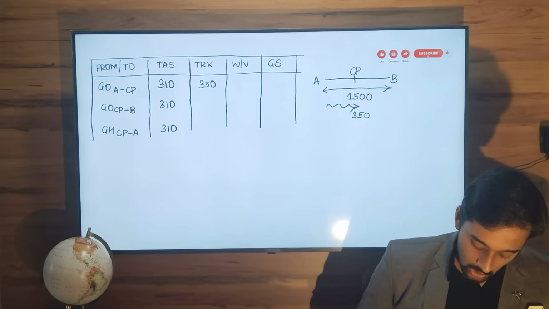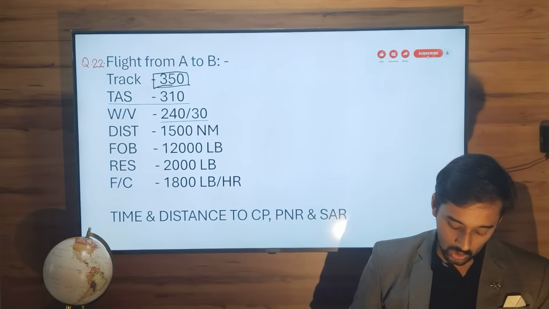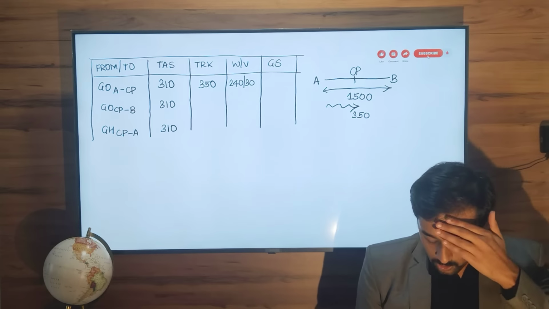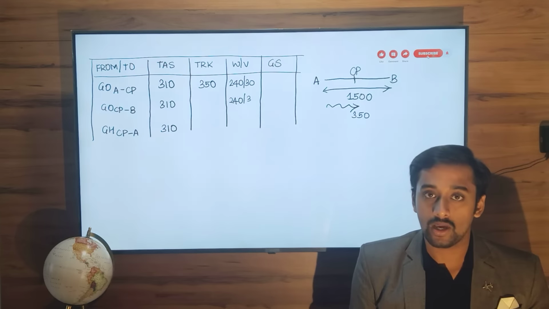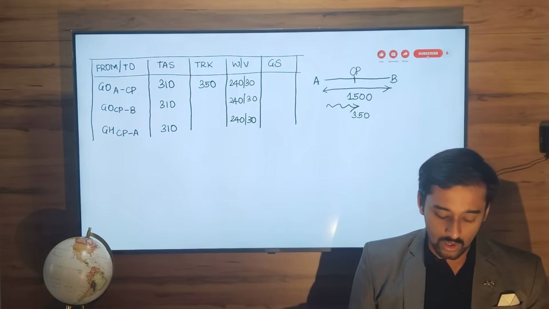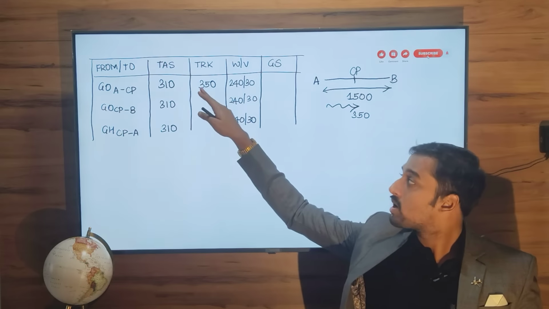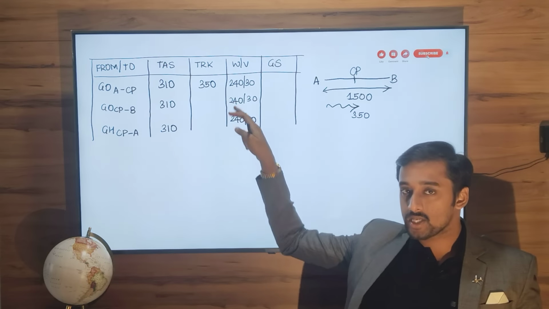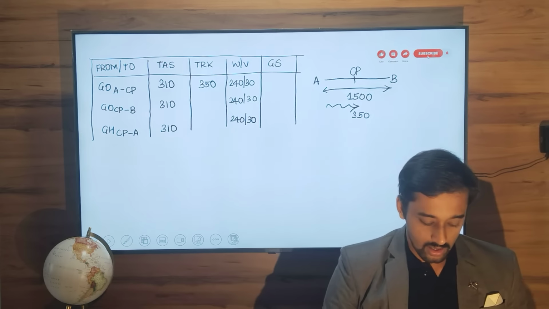The wind velocity for all cases will be the same, 240 at 30 knots. Now let's solve row number 1, which is speed 310, track 350, wind velocity 240 at 30 knots.